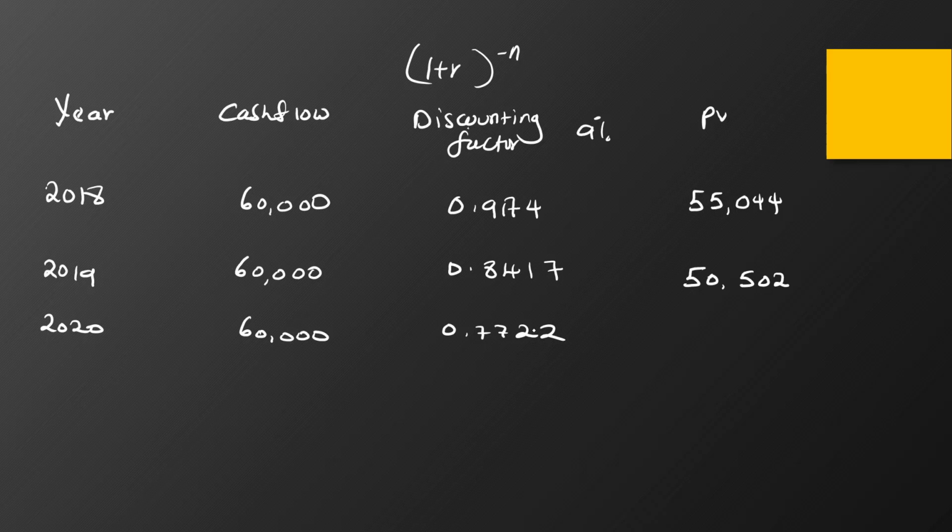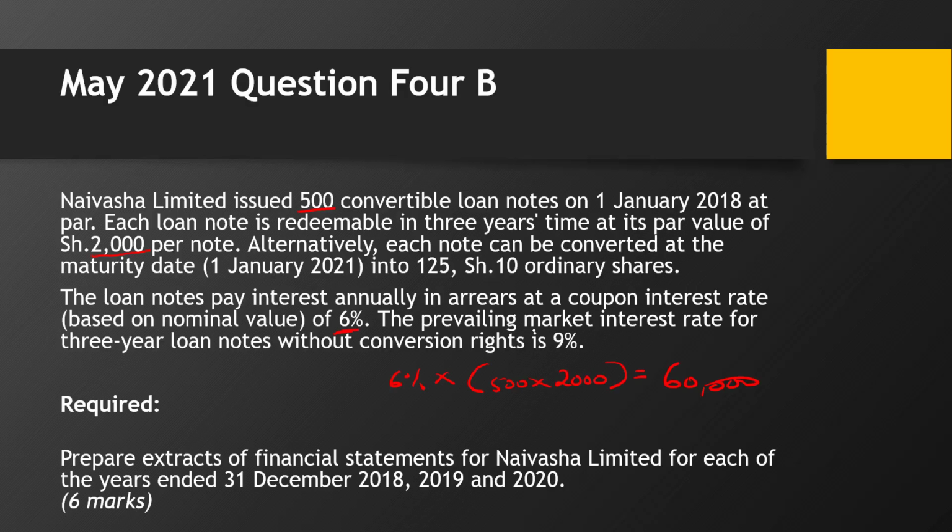That is the cash flow for year 3. That is the discounting factor for year 3. Now, the cash flow for year 3 in 2020 will include the interest at 6%, and also remember this financial instrument, or these loan notes, are redeemable in 3 years.